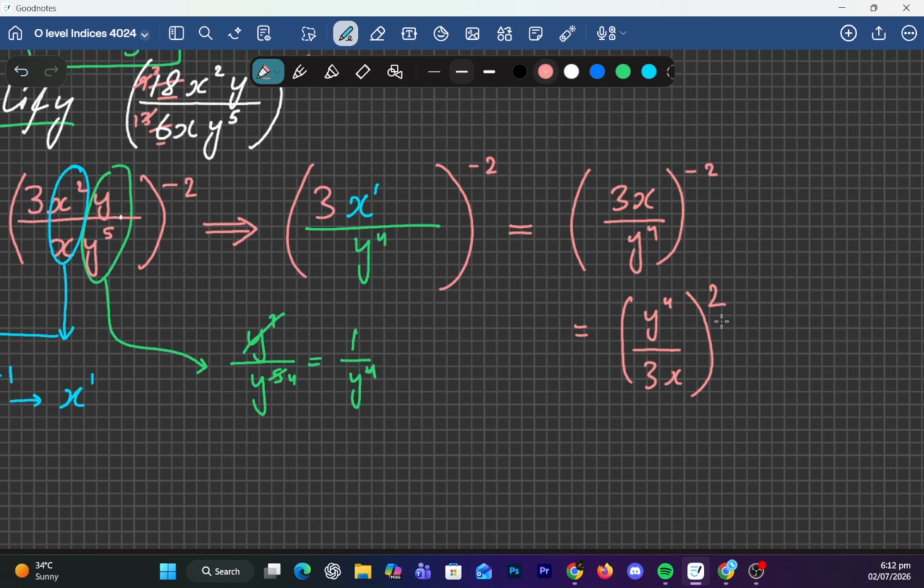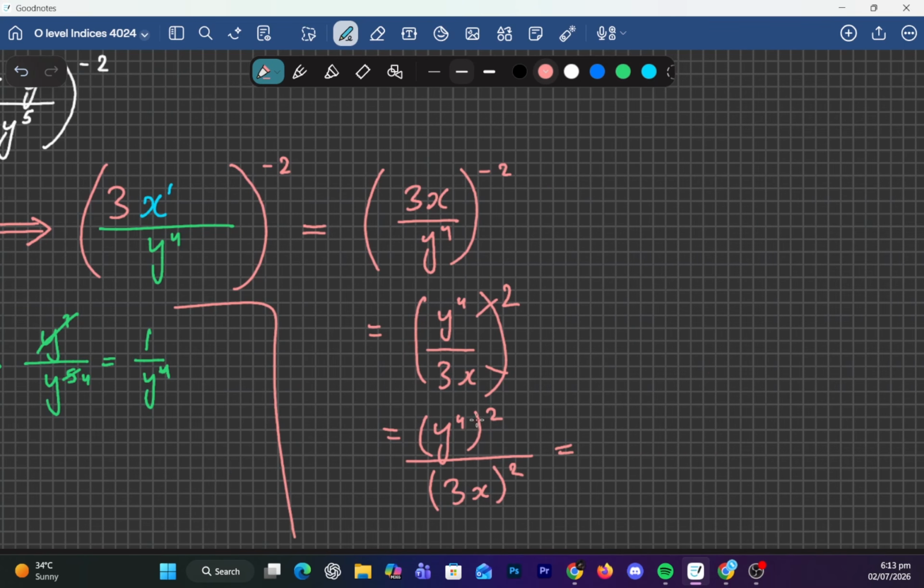So now the power will be positive: y to the power 4, whole squared, over 3x, whole squared. Now 2 into 4 is 8, so this will be y to the power 8, and 3 squared is 9 and x squared is x squared. So this is our final answer.